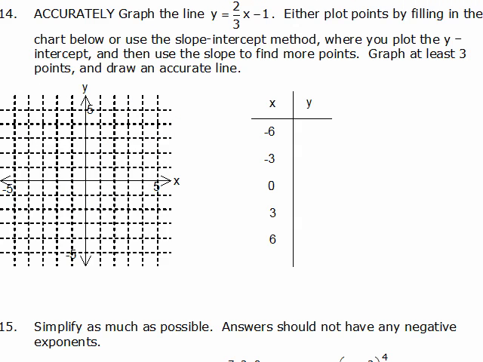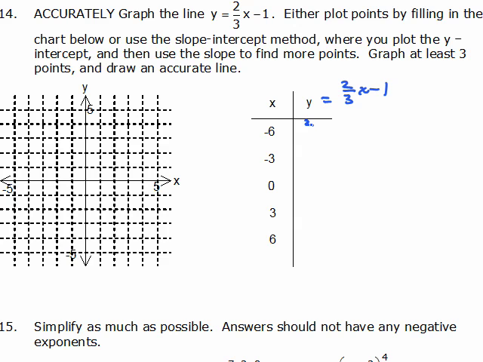All right, number 14. Accurately graph the line y equals 2/3 x minus 1. Okay, so you could use the chart below or use the slope-intercept method. I'm going to go ahead and fill in the numbers here. For each of these, you're going to plug in these values for x into 2/3 x minus 1 because y is 2/3 x minus 1, correct?